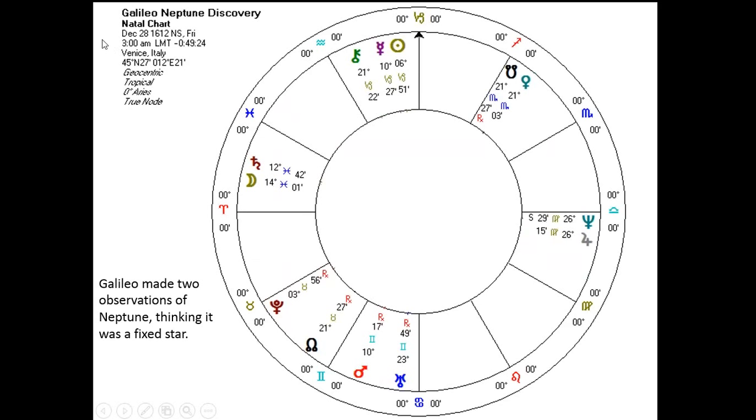So Galileo actually saw Neptune back on December 28th of 1612, early in the morning. And Neptune at that point was having Jupiter make a balsamic conjunction to it, and Neptune was stationary retrograde, just getting ready to reverse back in its cycle.